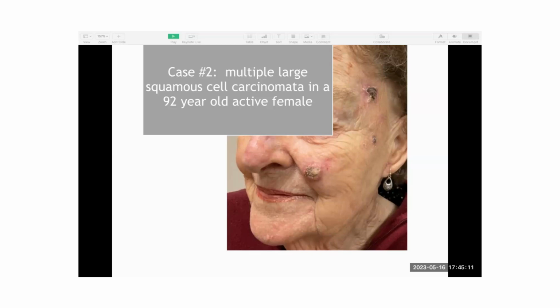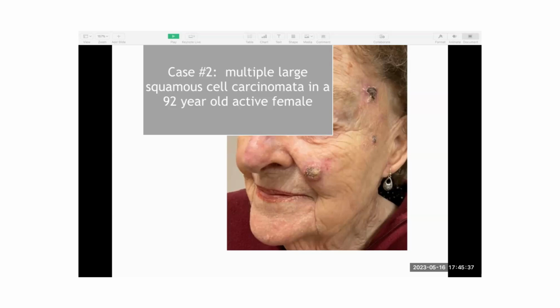I can't really point with my arrow, but the left cheek one is obvious. That's an example of one that grew very quickly, over a couple of months. The other ones that you can see on her temple took years to evolve, but it's not like she neglected herself and was in denial. These can grow quickly. But she also said, well, I'm not having anything done. I'm ready to go. And this isn't going to kill her.